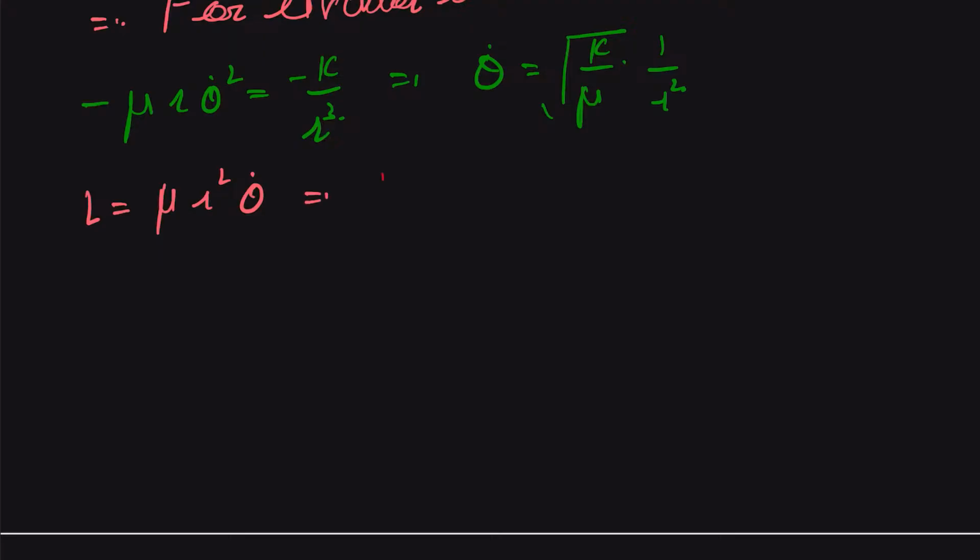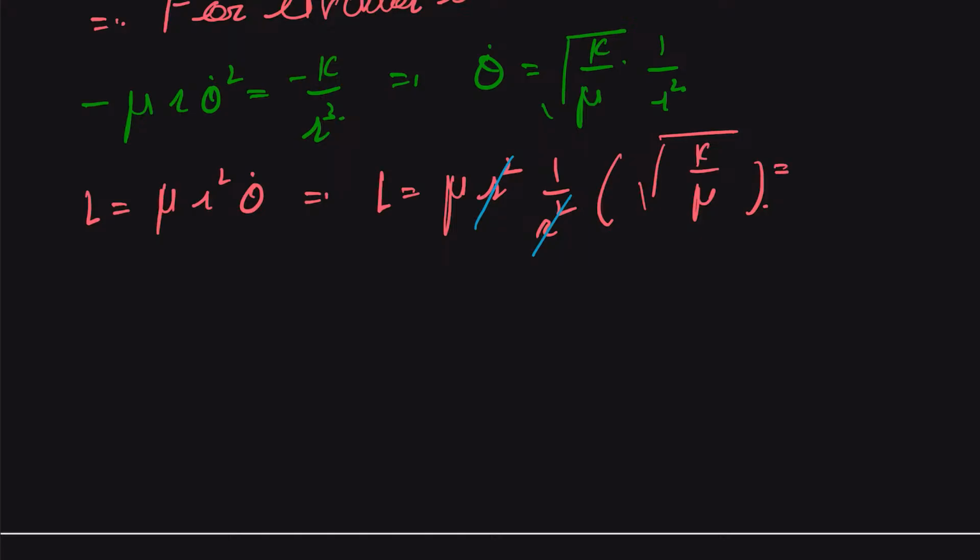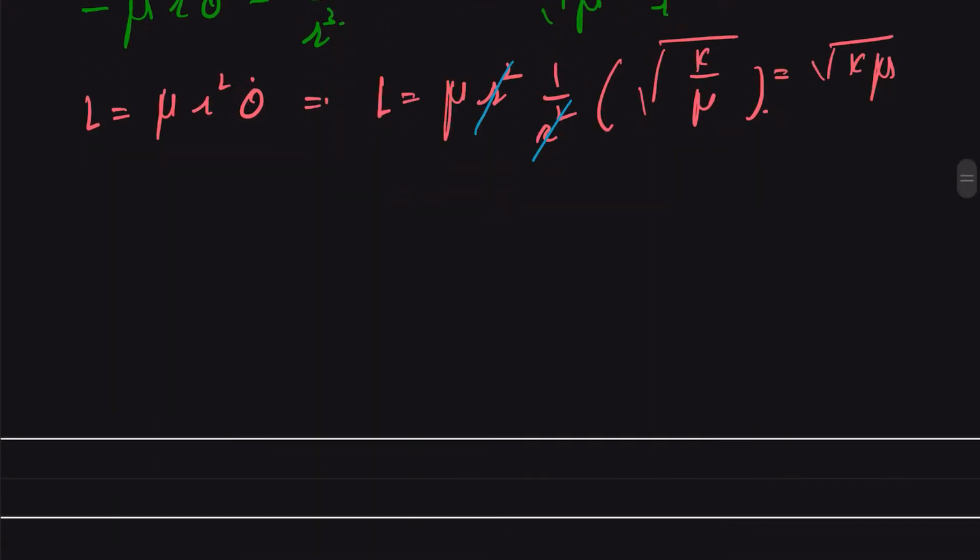We substitute it and we get the angular momentum L equal to mu r square times 1 upon r square multiplied by the square root of k upon mu. Square and square root cancel out, so we take mu inside the square root, and this comes as the square root of k times mu, or we can say that L square is equal to k times mu.